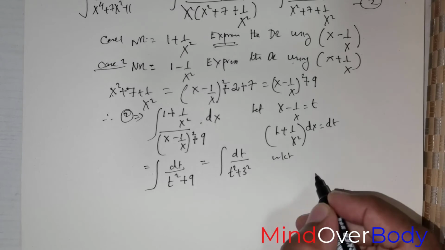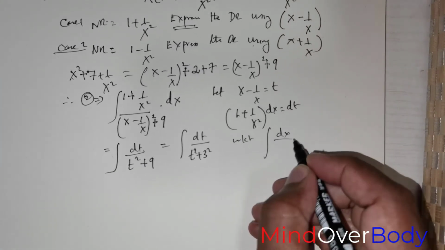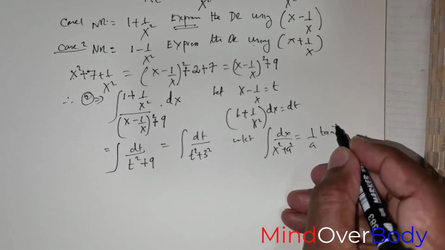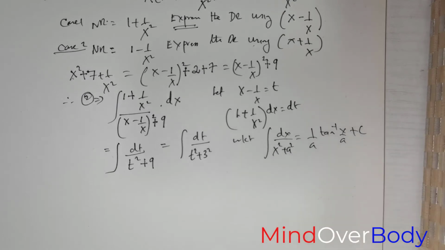Now we know a formula. What is that? Integral dx over x squared plus a squared is 1 over a tan inverse of x over a plus c.